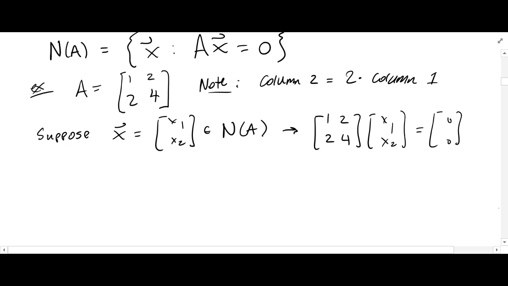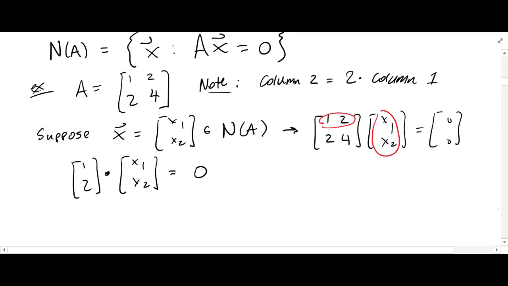If you multiply this first row by x, that's a dot product of x with the first row. So that means that the vector (1, 2) dotted with x gives you 0. And similarly, when you multiply the second row by x, you also get 0.